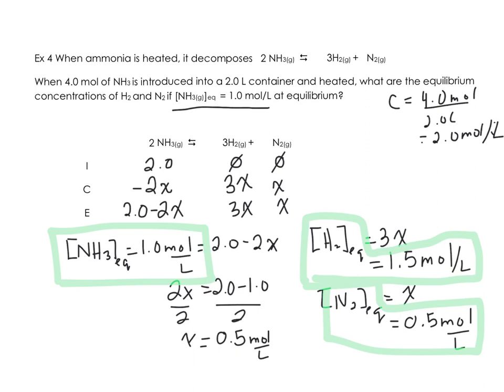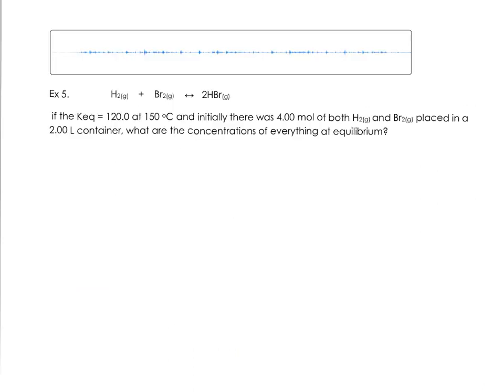So this is an example where we were given one of the equilibrium concentrations. We could also solve for x if we were given the K value, we would substitute in our numbers and solve for x.